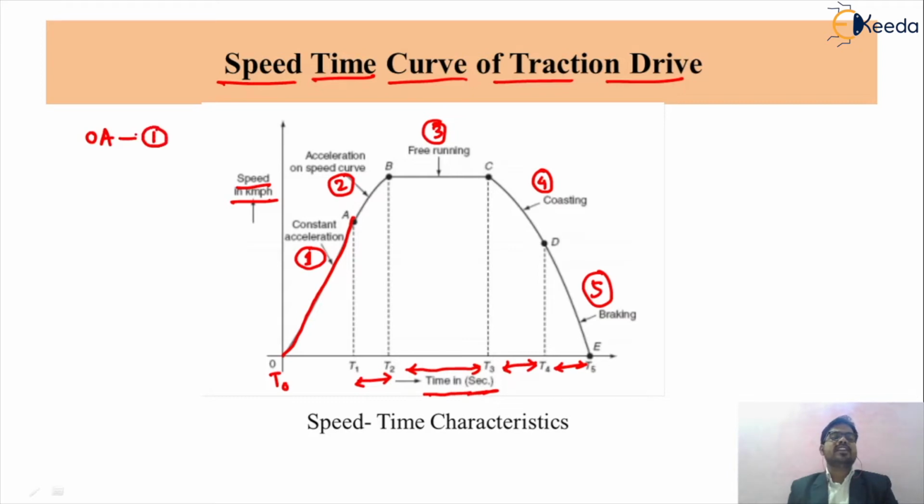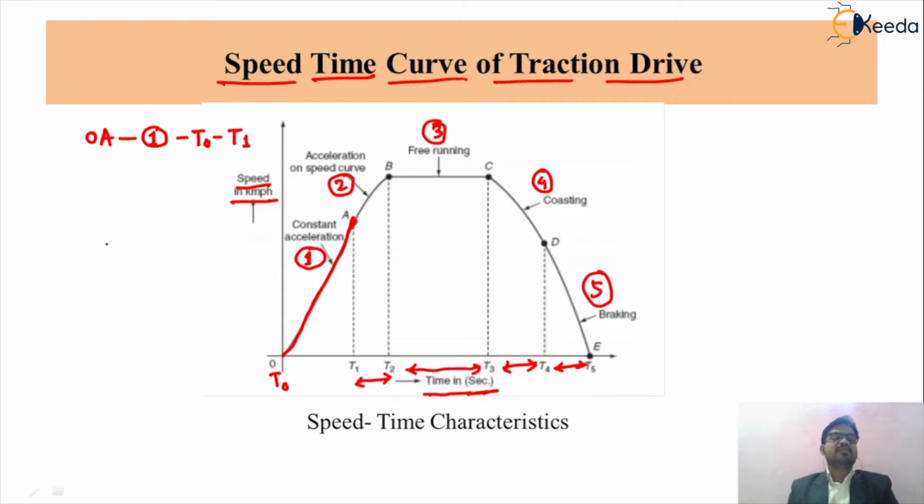In this period the motor starts accelerating to drive a particular load. In this system, the voltage of the motor gradually increases. That time period, from t0 to t1, is called the constant acceleration period.